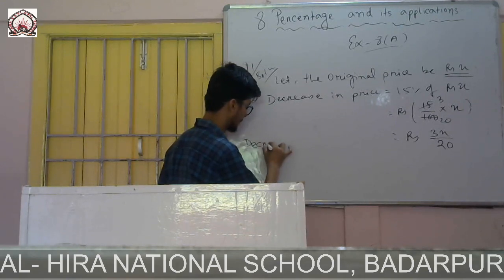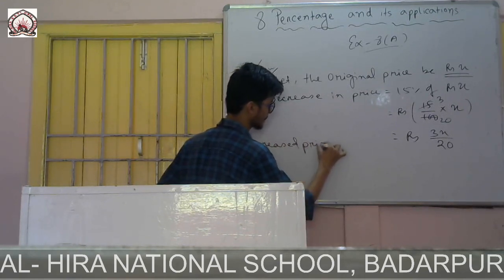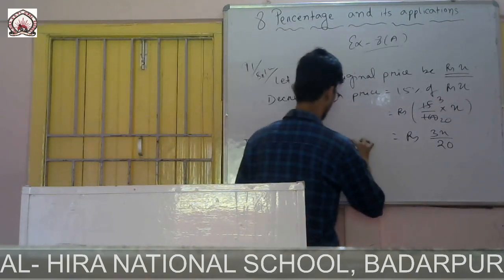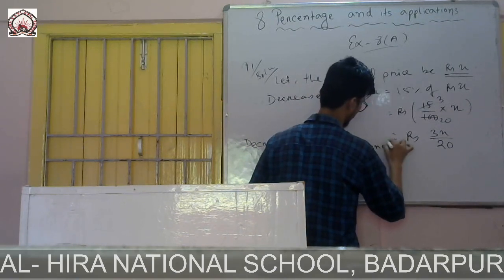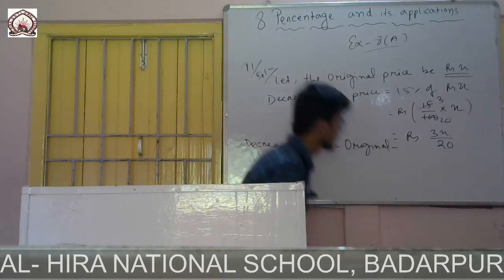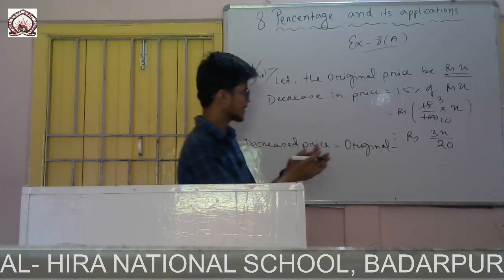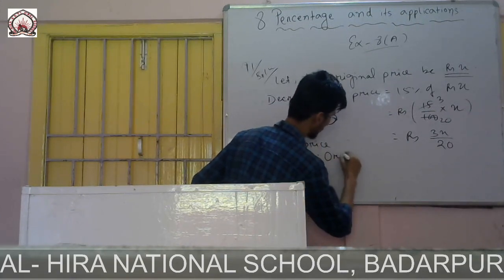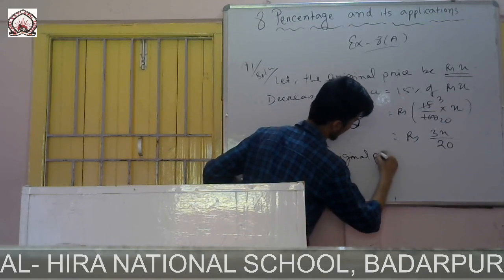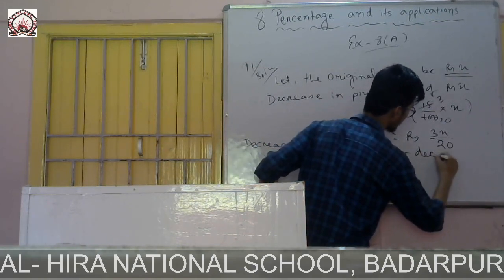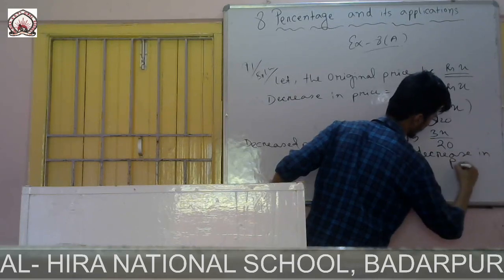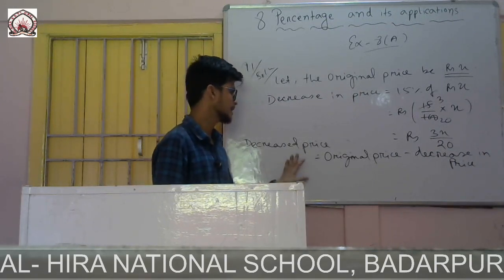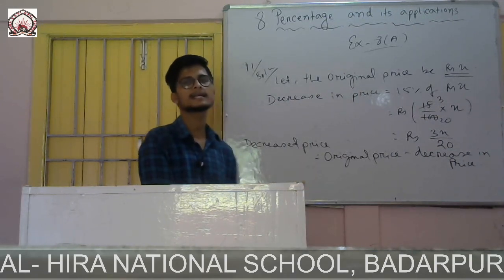How do we find the decreased price? Decreased price equals original price minus decrease in price.